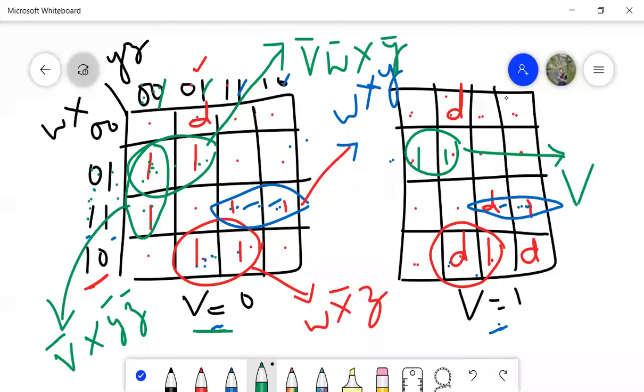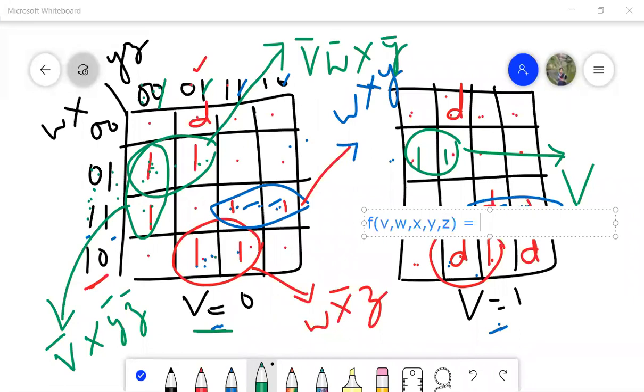So now what is the simplified expression we are getting? Let me write it down. Let me put a text box over here and write down what we got. What is the first one we got? Let me write what we got for blue. The question was F is equal to, or you can write F of V, W, X, Y, Z solution is equal to.